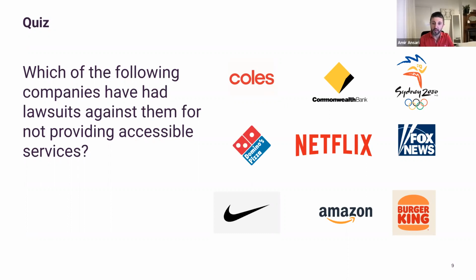Okay. That's all. Yeah. Queenie? Did you just call me earlier the first time? Which of these companies do you think have had lawsuits against them for not providing accessible services? Well, I guess it's Burger King earlier, but I'm going to stay with that answer for now. Okay.